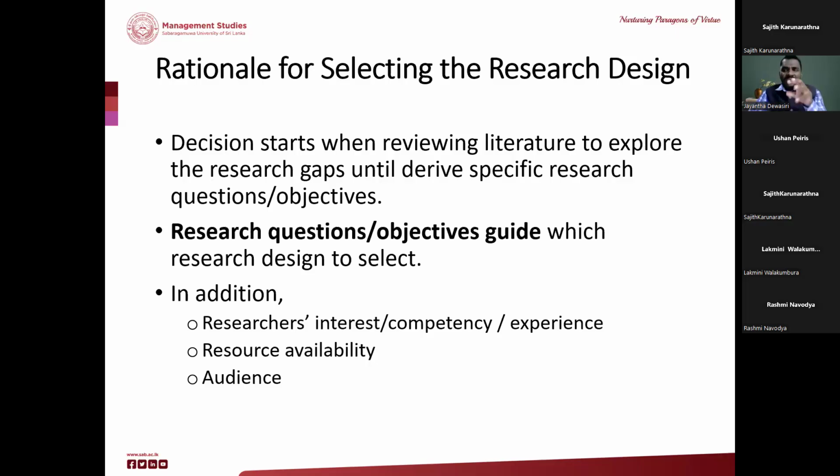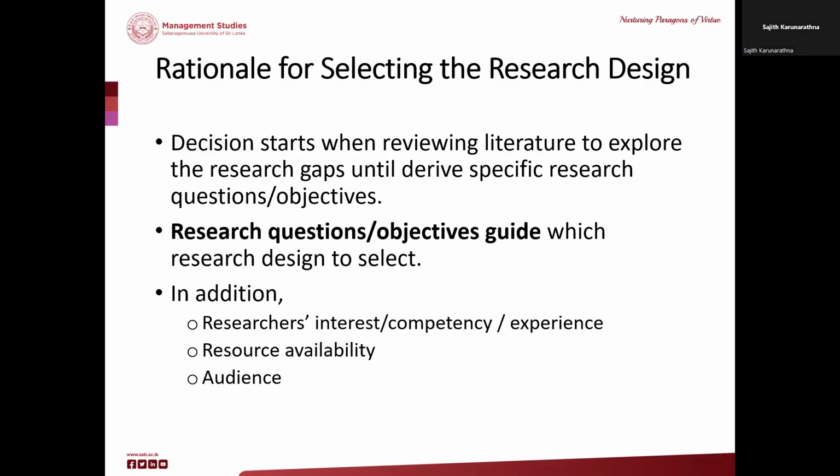When you are exploring the literature, the variables are there, you can see interrelationships, you can identify dimensions, indicators are there, and testable theories and hypotheses are there that can be tested.